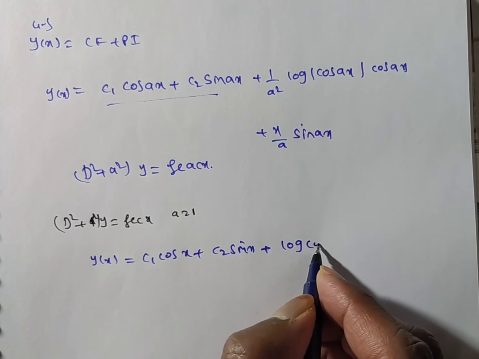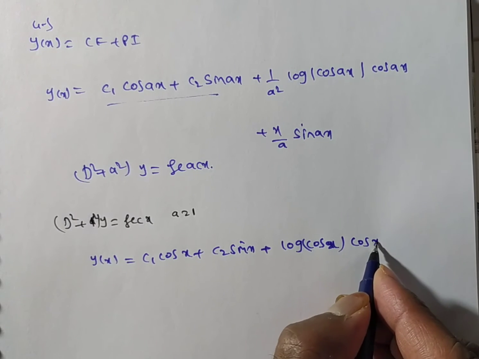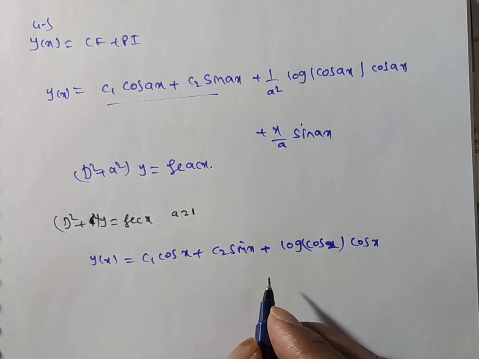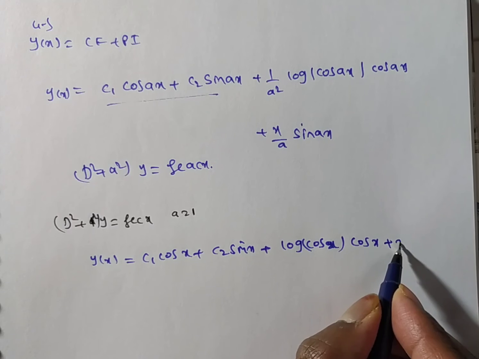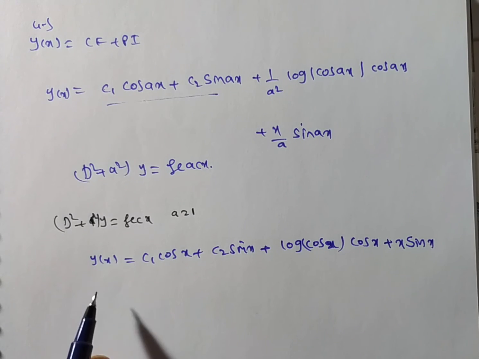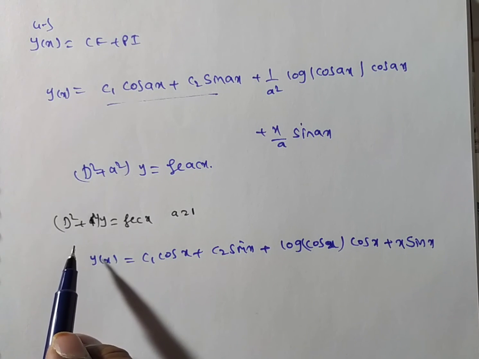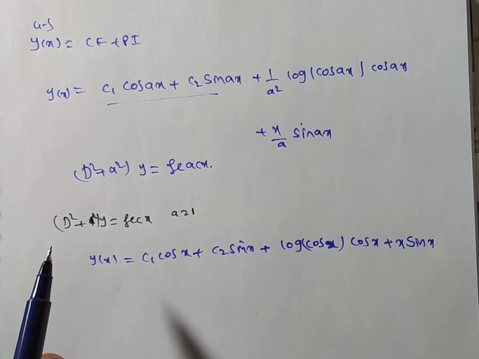Log of mod cos x, a means 1, into cos x. Okay. Plus x by a, which means x into sin of a into x, which means sin x. So this is the general solution for d square plus 1 into y equal to secant x. So can you solve this problem if it is given directly? Same procedure, but don't write a.